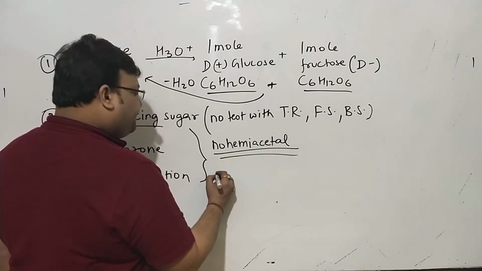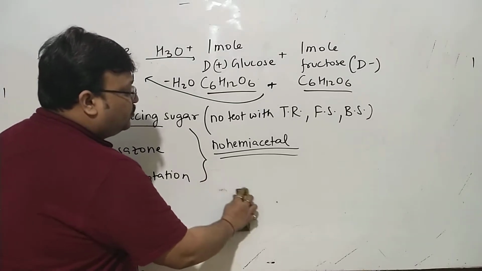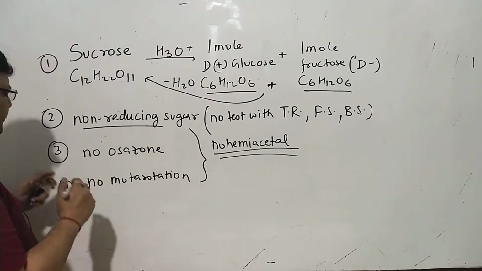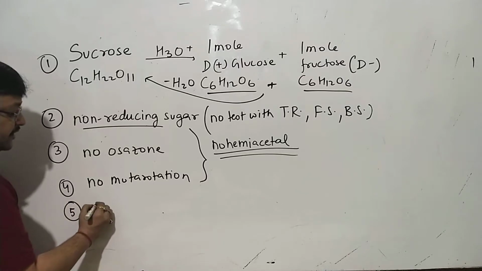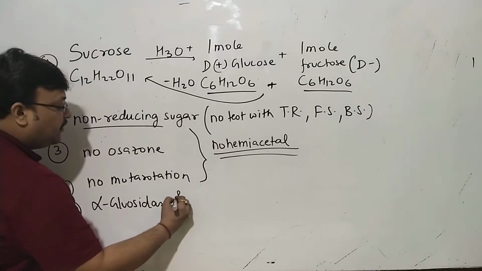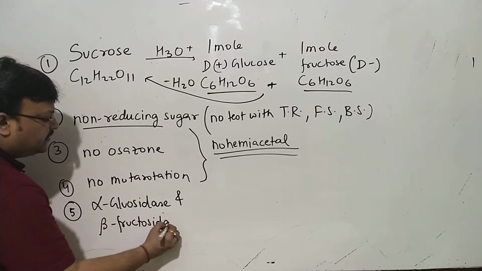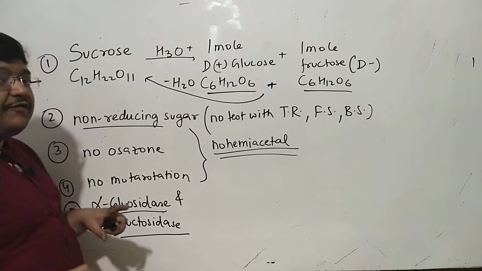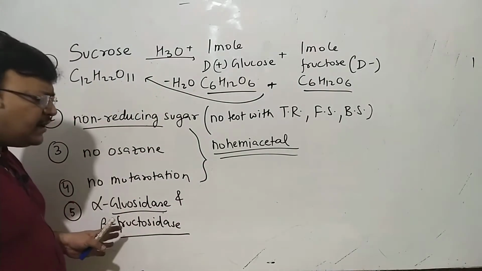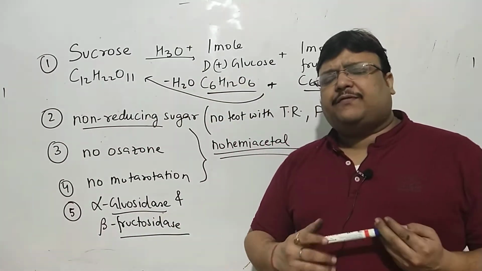The enzymes used for the hydrolysis of sucrose are alpha glucosidase and beta fructosidase. I told you, enzymes are absolutely specific. Alpha glucosidase working means beta glucosidase will not work, beta fructosidase working means alpha fructosidase will not work.